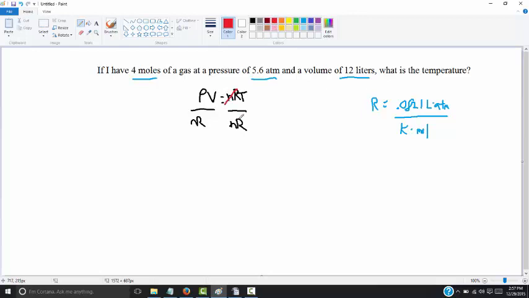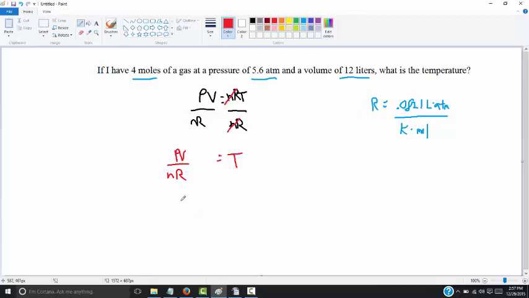So those will cancel each other out on this side. What you're left with is T by itself, what we're looking for. And now you have PV over nR.